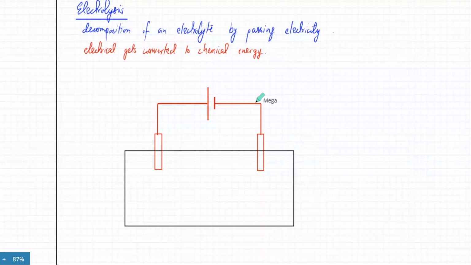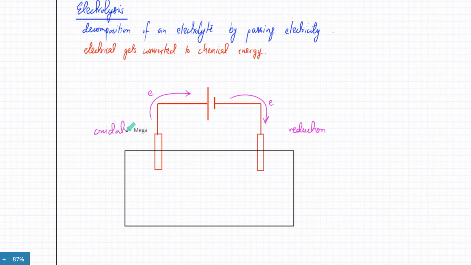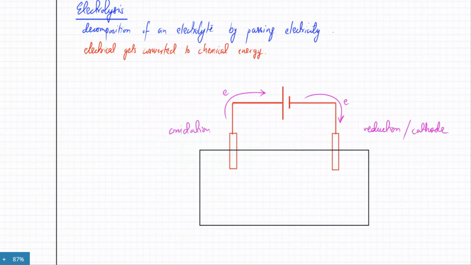The battery is sending electrons towards one side, and it's pulling electrons from the other side. There is reduction happening on the right side, and oxidation on the left side. I mean, the side doesn't really matter. There's reduction happening at the cathode, and oxidation happening at the anode.